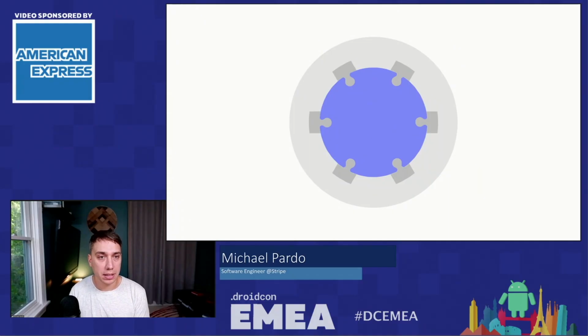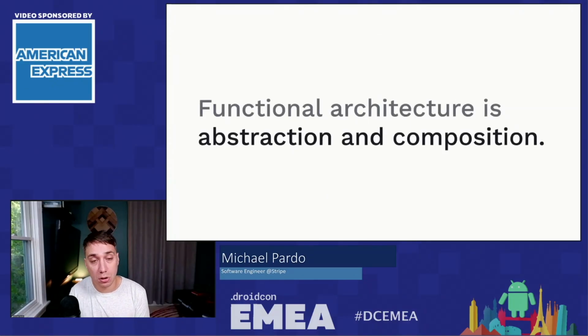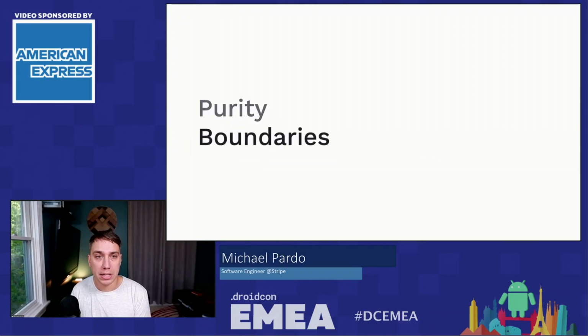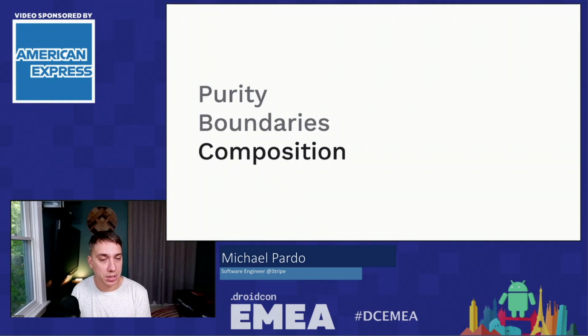But by using this boundary of pure and impure code, functional architecture emerges naturally. Just like functional programming relies on abstraction and composition, so does functional architecture. In the last session, I left off with a few important concepts: purity, boundaries, and composition.